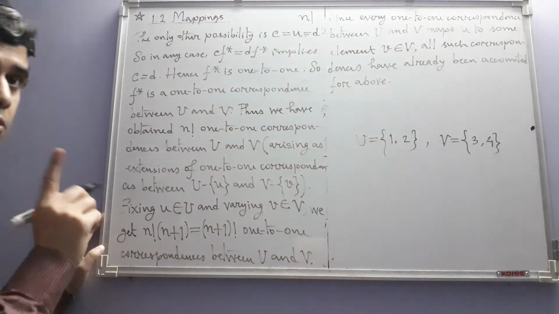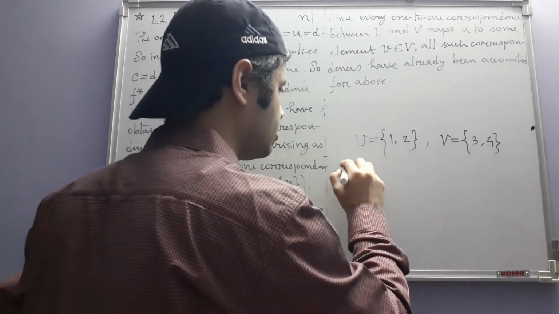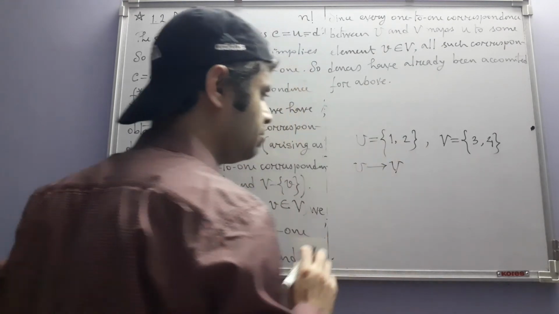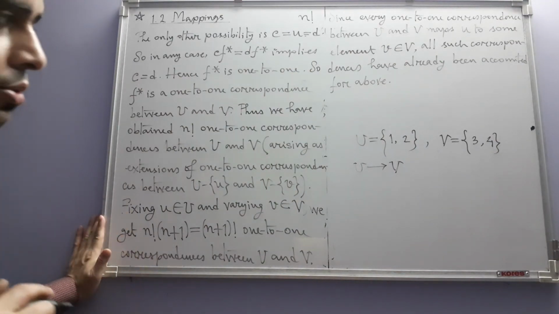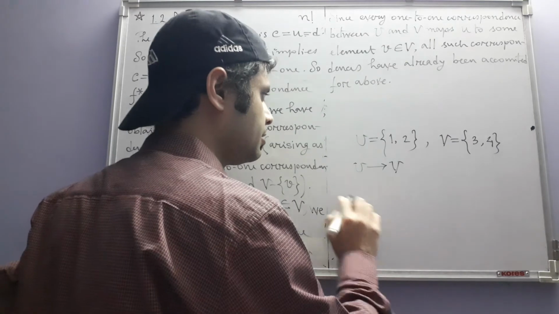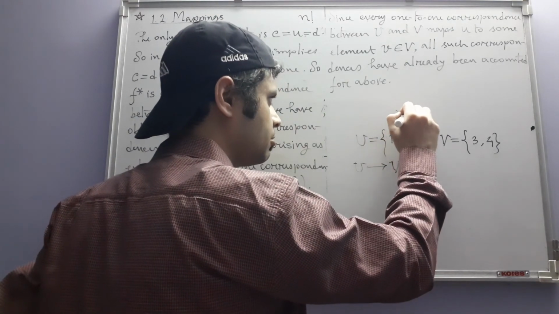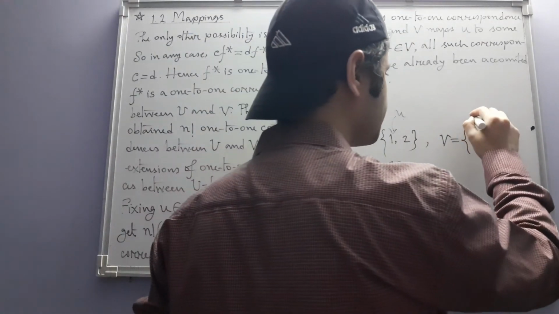You try to do this. You actually find out all the functions from U to V which are one-to-one correspondences, that is, which are one-to-one and onto. Then suppose my u is 1 and I have 2 values for v.